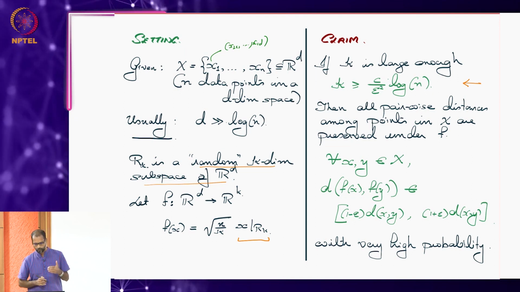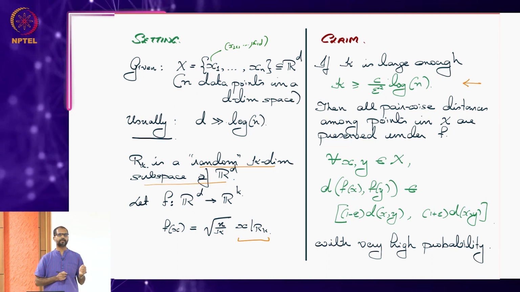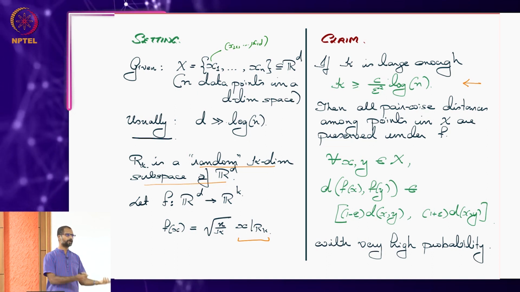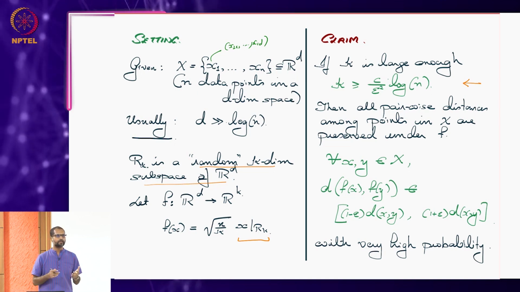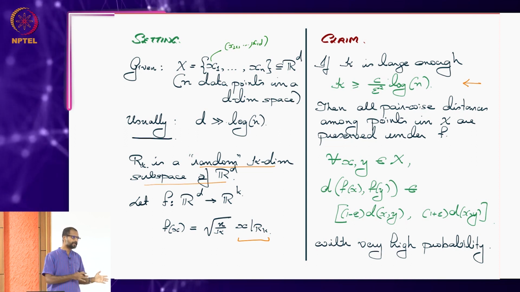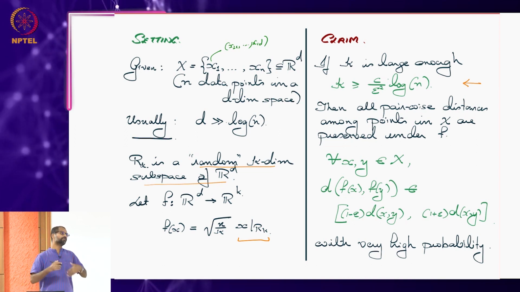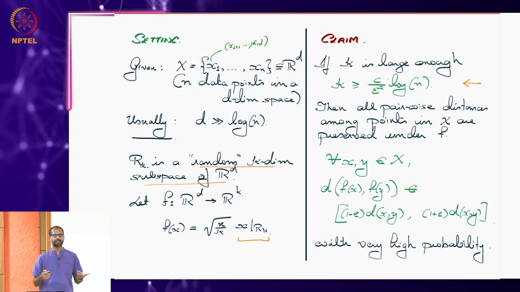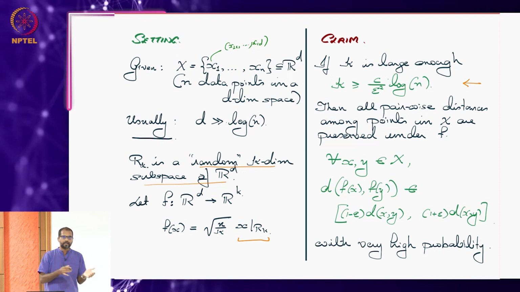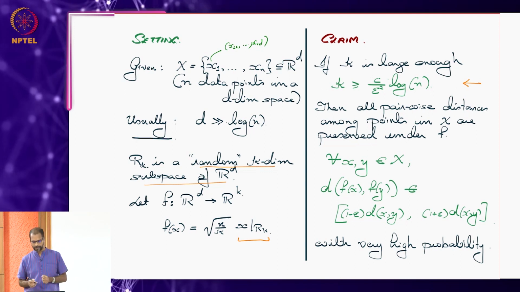So, what do you mean by distance being approximately preserved? If x and y were at a distance 1 meter in the original space, then after you do this projection, they will be within 1 plus or minus epsilon meters. It will be at least 1 minus epsilon meters and at most 1 plus epsilon meters. If the distance between some x and y was 10 meters, then it is going to be at least 10 times 1 minus epsilon, 10 minus 10 epsilon, and at most 10 plus 10 epsilon.